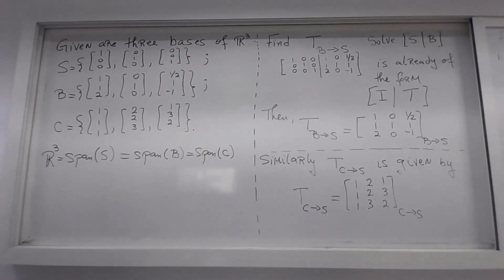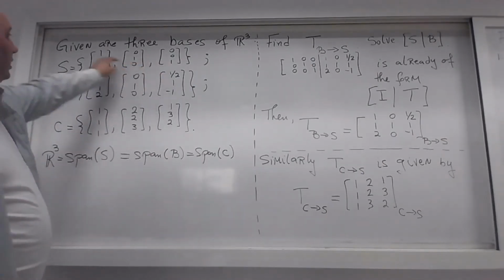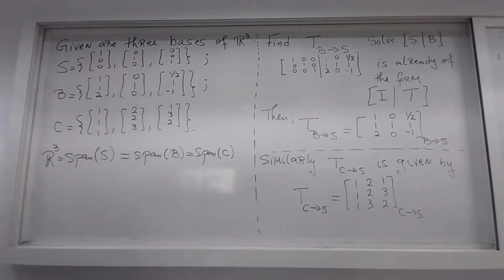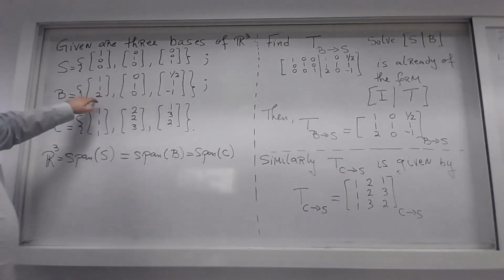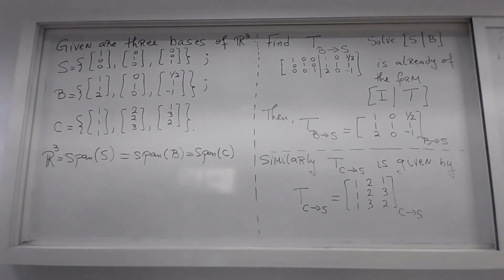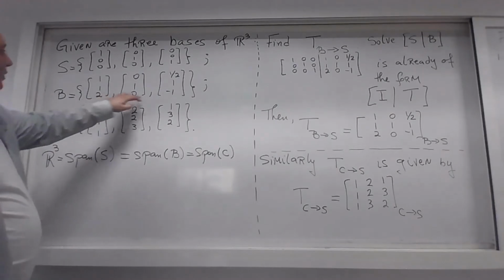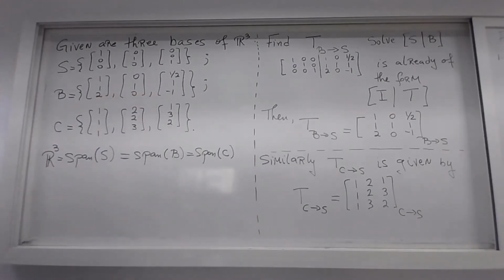A quick verification: obviously the standard basis creates an identity matrix, so the determinant is 1, so the matrix is invertible, so all three vectors are linearly independent. If you form a 3 by 3 matrix from basis B and compute the determinant, you find that it is different from 0, it's actually -2. So the matrix is invertible, so the reduced echelon form is identity, so all three vectors are linearly independent.